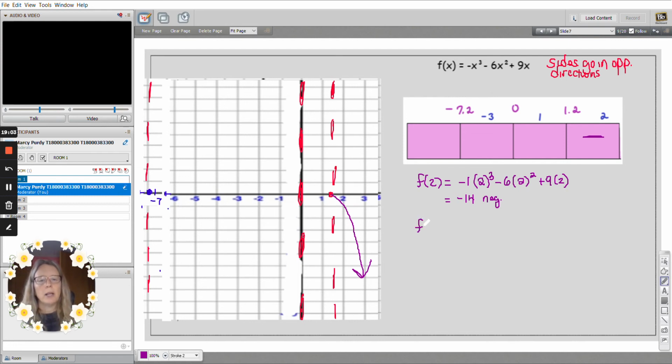Then when we plug 1 in, we get negative 1 times 1 to the third minus 6 times 1 squared plus 9 times 1. So when you plug 1 in, it's going to be positive 2.